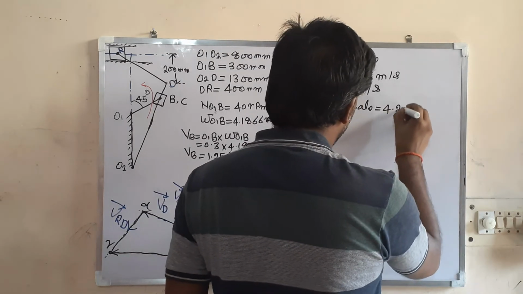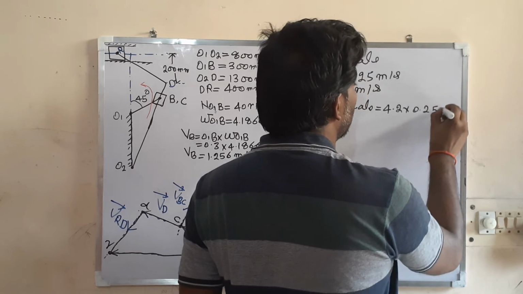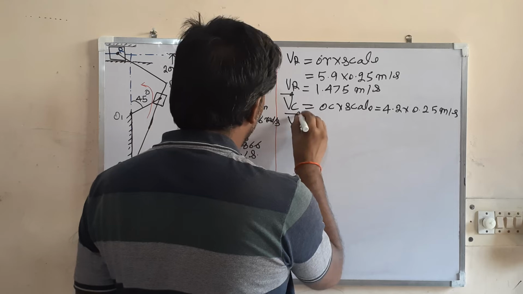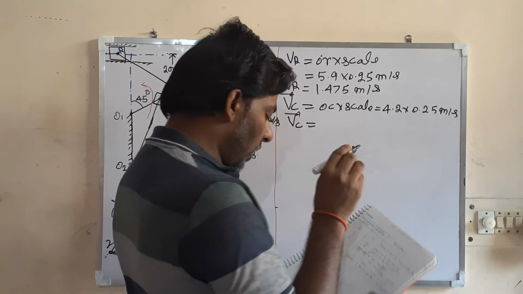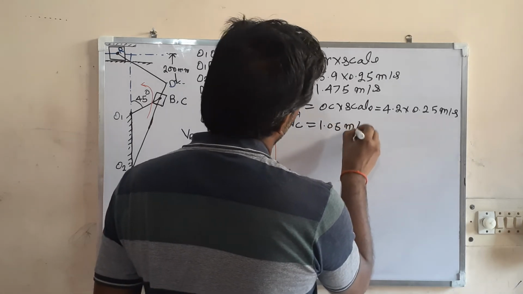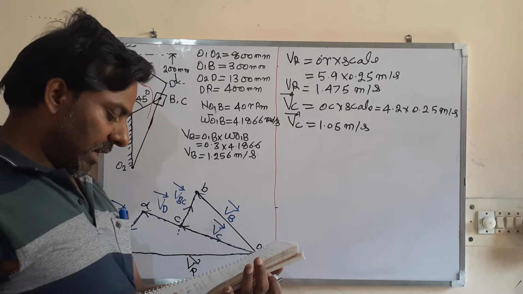This 4.2 into scale 0.25, then this much meter per second. So I am getting velocity of point C is equal to 1.05 meter per second.